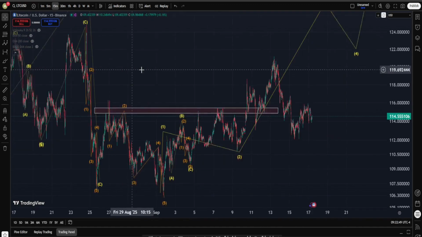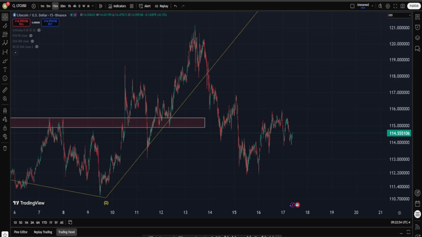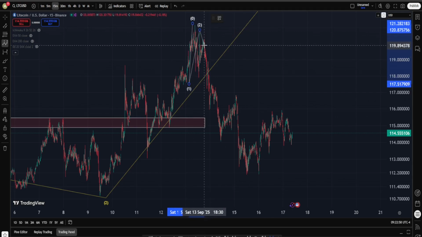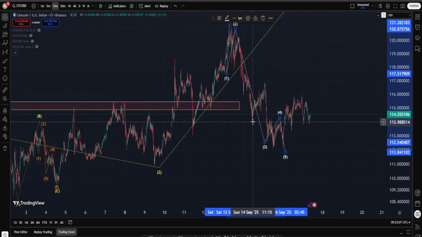Let's go on the live chart. Okay, so here is what's going on in my mind in a very short time. In my view, in Litecoin, we are probably having a 1 correction for wave 2, and then a 1, 2, 3, 4, 5 wave down to about probably this point into wave 3, correction for 4, another move down into wave 5.